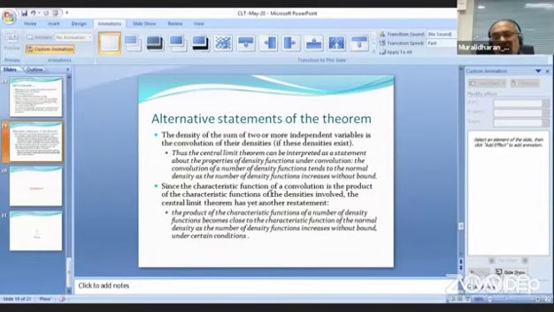You are not working every time with a normal distribution. Most of the time you will be working with some unknown distribution, not even having a specified mean or standard deviation. So what do you do in that case? You want to take some decisions about your process, about your product, about your service. So the central limit theorem is considered to be one of the fundamental theorems in statistics.